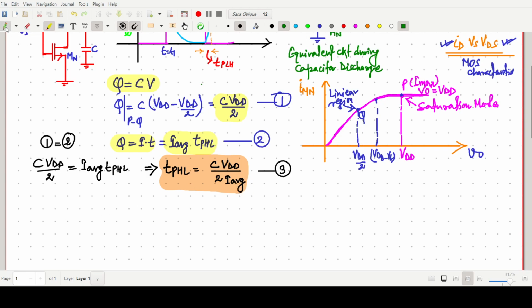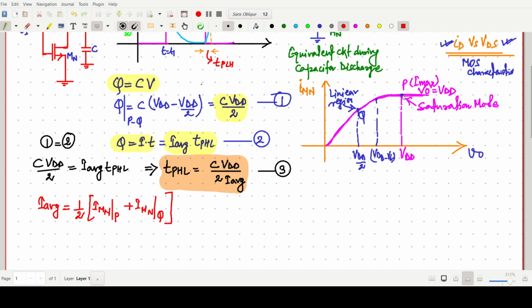We can write I average is simply half of the current at that point. We can write I_MN at point P plus I_MN at point Q.